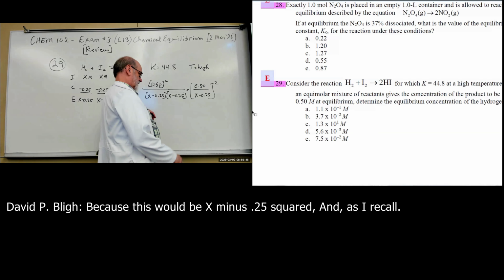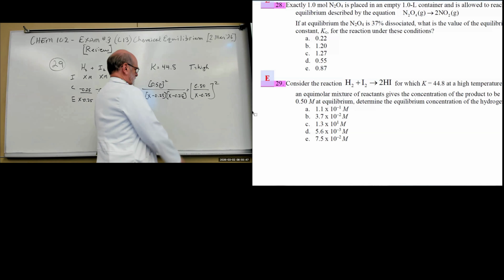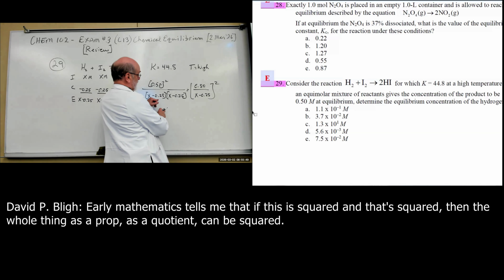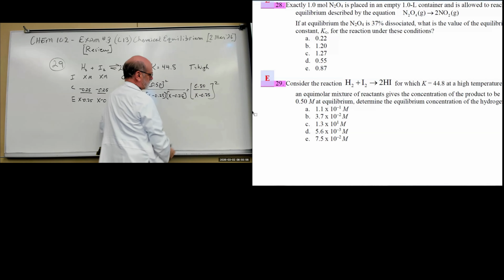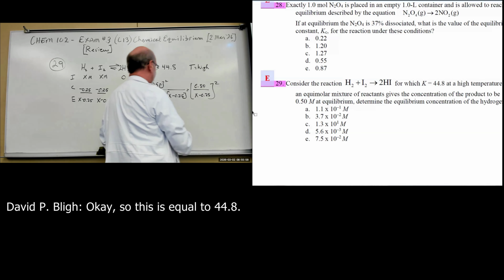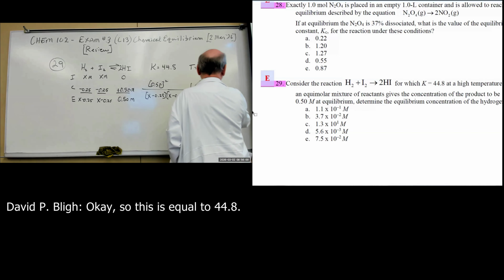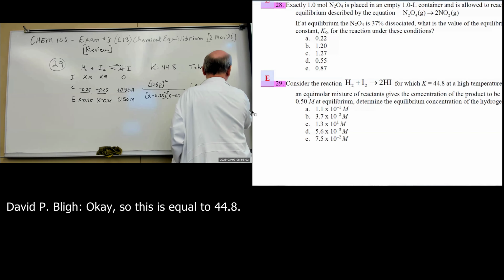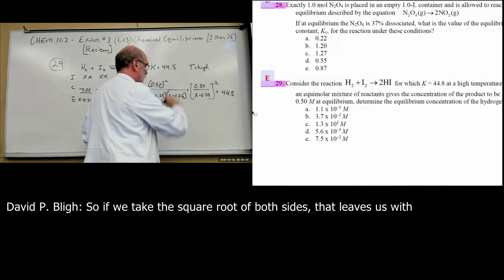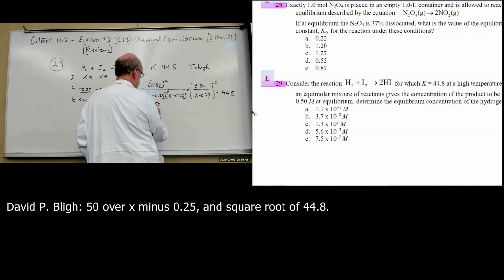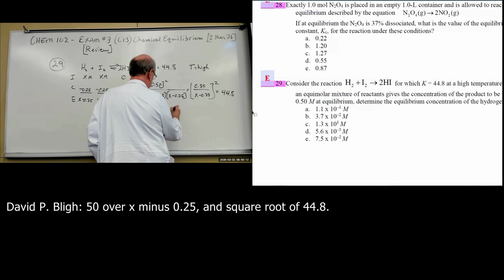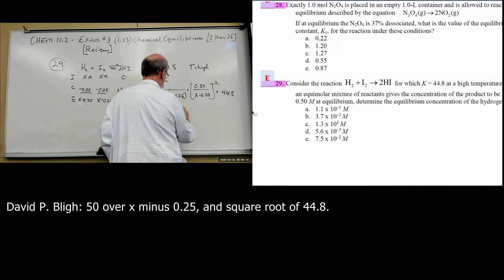And as I recall, early mathematics tells me that if this is squared and that's squared, then the whole thing as a quotient can be squared. So this is equal to 44.8. If we take the square root of both sides, that leaves us with 50 over x minus 0.25 and the square root of 44.8.